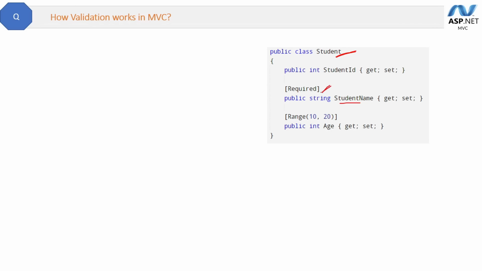So that is a validation, right? Because it is required. And similarly we can do it with the age. It will not allow anything which is less than 10 and which is more than 20. So that kind of validation is called data annotation. So validation can be done using data annotation attributes in ASP.NET MVC.